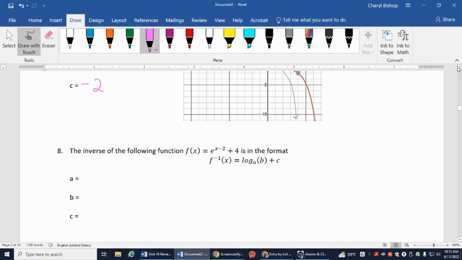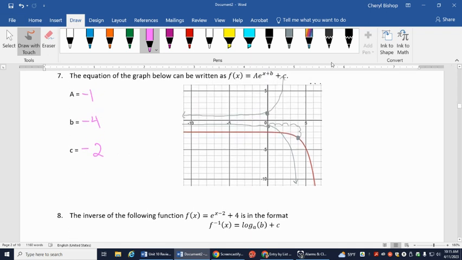Is the c 3 or 2? So I'm right here, and I'm moving down 1, 2 boxes. Where did we get the original one? This original gray one? Because I see the e there, so I know the parent function is going to be y equals e to the x, which I know looks like this.